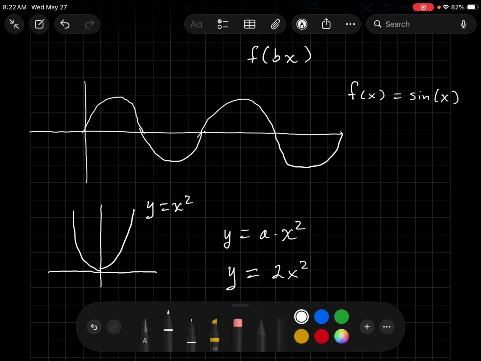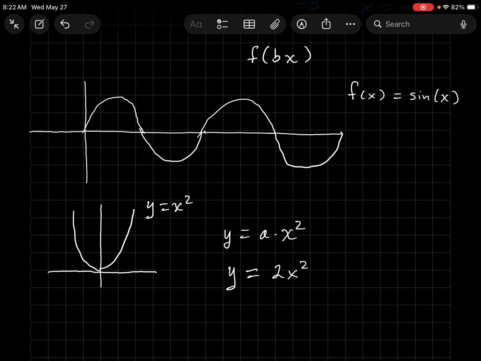And we determined what happened to our graph, which was the following. Some people call it a vertical stretch. I say the y's are growing twice as quickly. At the same x as the original, our y will be twice as big. We're getting to the y's twice as quickly.